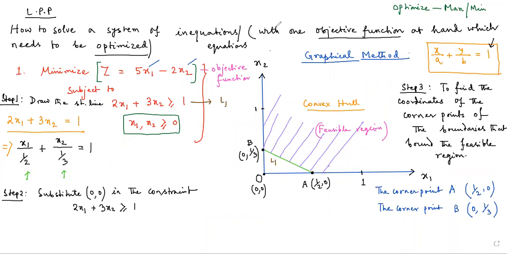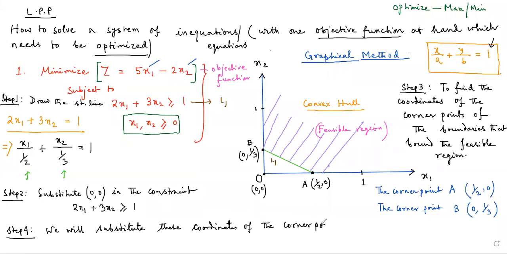Now what we do in step number 4 is the following. In step number 4, we will substitute these coordinates of the corner points in the objective function. Okay. Now you see what happens.